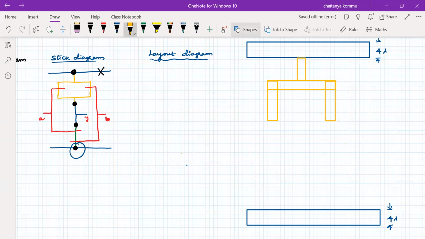And again I have to draw another line here. I hope that's fine. I think this should be somewhat lengthy. Okay, fine. So this diffusion line is a 2 lambda by 2 lambda diffusion line. Please remember.